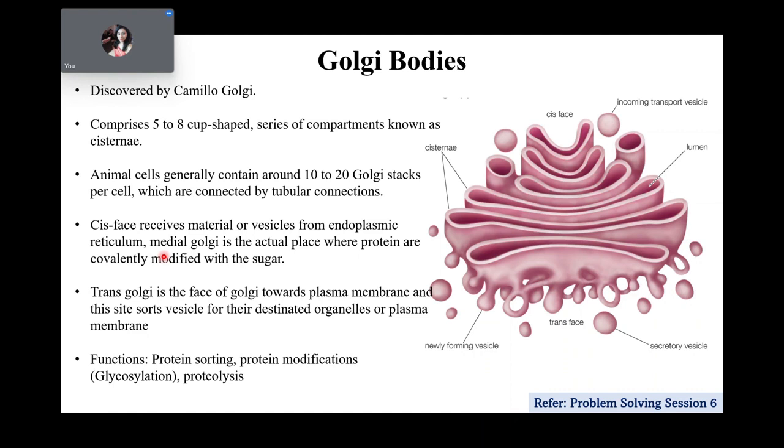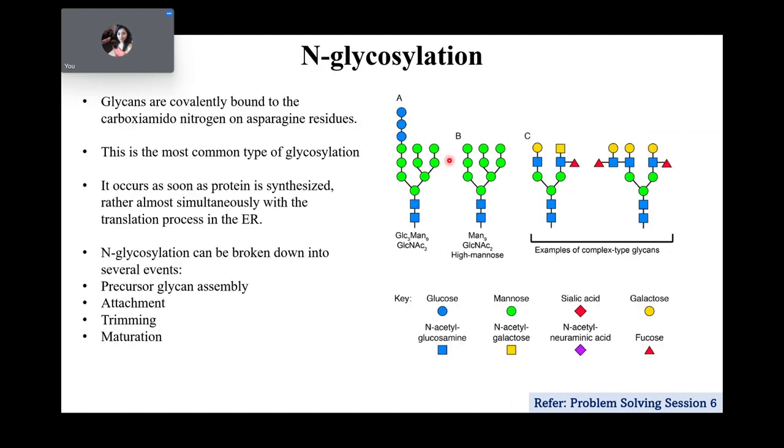First you have the precursor glycan assembly. These glycans are first assembled on the membrane of the endoplasmic reticulum or Golgi bodies, and then they are attached onto the asparagine residues. Then they are further trimmed and matured so that they are properly targeted to their destination.